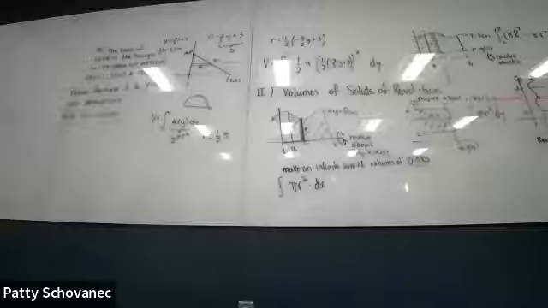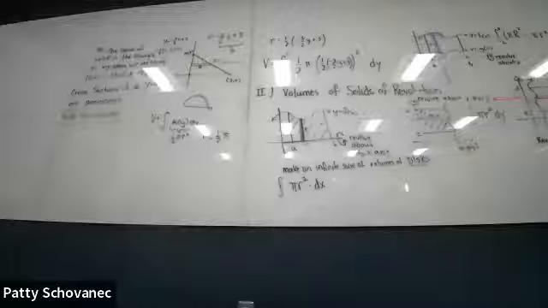So this time, big R is measured from the y-axis to the rightmost graph, and little r is measured from the y-axis to the closer graph. But the plan's the same. The volume is equal to the integral, this time from C to D of the y-axis, pi times big R squared minus pi times little r squared, this time times dy.